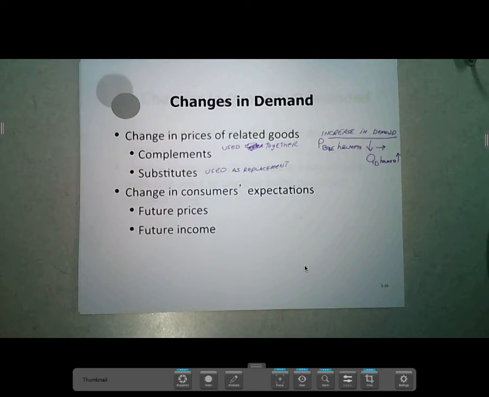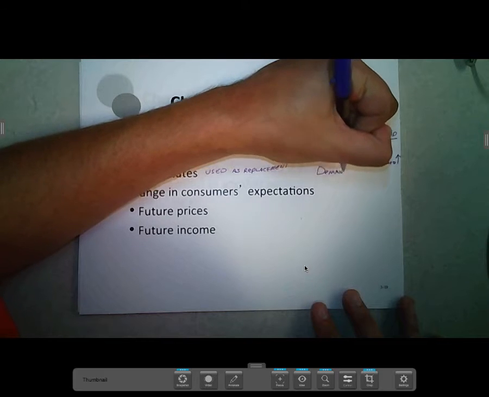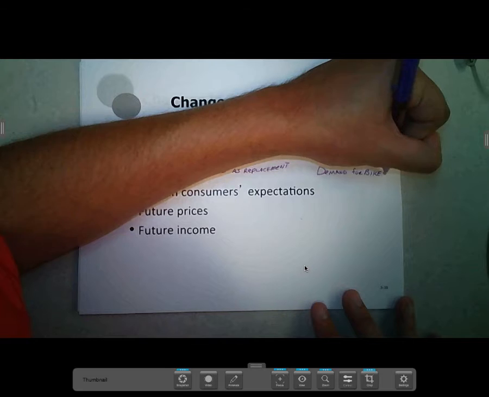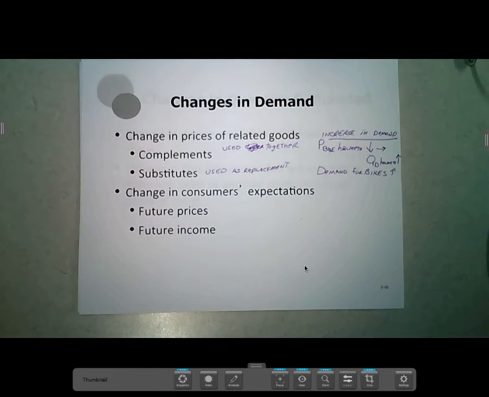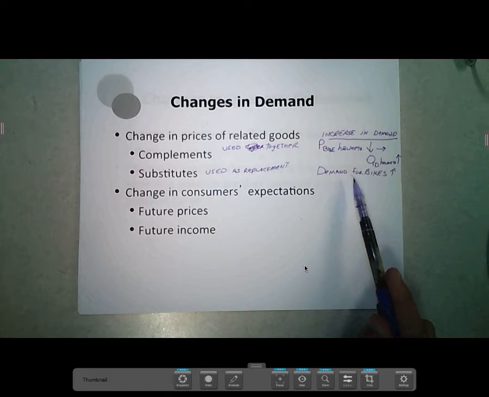We know that from the law of demand, that people will want more helmets because they are cheaper. But then what we're also saying is that the demand for bikes will go up because these are complementary goods, meaning that the price of bike helmets went down. People bought more helmets, but because they bought more helmets, they also then wanted to buy more bikes.